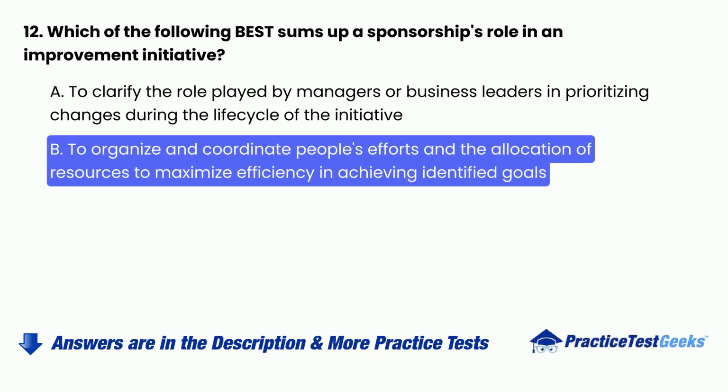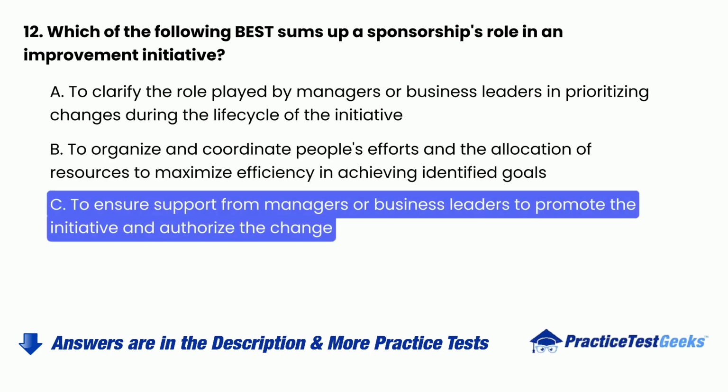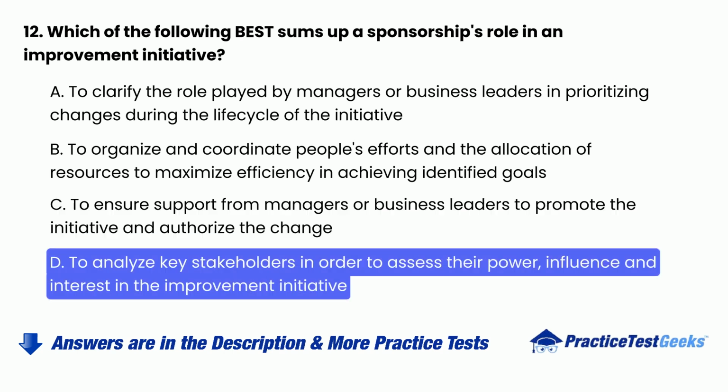B. To organize and coordinate people's efforts and the allocation of resources to maximize efficiency in achieving identified goals. C. To ensure support from managers or business leaders to promote the initiative and authorize the change. D. To analyze key stakeholders in order to assess their power, influence and interest in the improvement initiative.